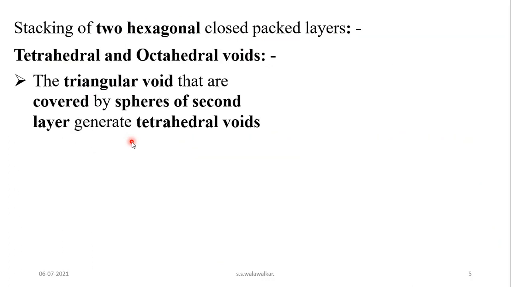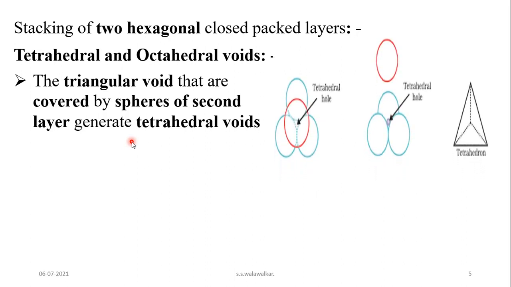Now consider the triangular void that is covered by the sphere of the second layer. Here in this picture, these three blue colored spheres are the spheres of the first layer, and the red colored sphere is the sphere of the second layer.